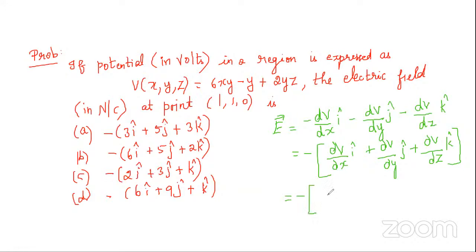So when you simplify, first of all, the entire equation with respect to x, you will get 6 i cap, then plus the entire equation you are differentiating with respect to y. Then what you will get? You will be getting 6x plus 2z. Like that, simplify and tell me.